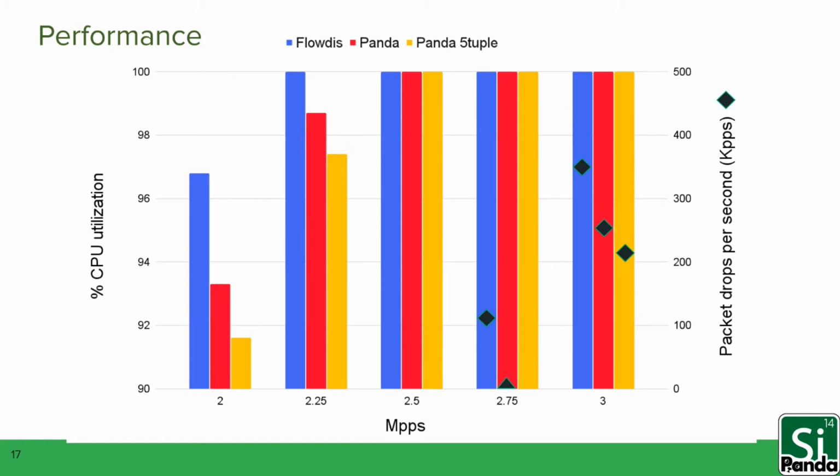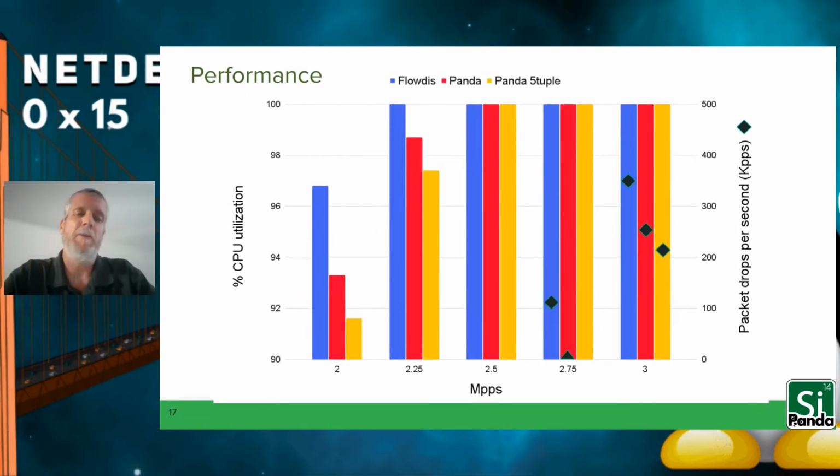These measurements include the full stack CPU utilization, so the relative gains here between PANDA and flow dissector are fairly significant. If we go to 2.25, we see a similar advantage to PANDA and PANDA 5 tuple. At 2.5, they actually look the same. I think this has to do with some of the amortization of interrupts.